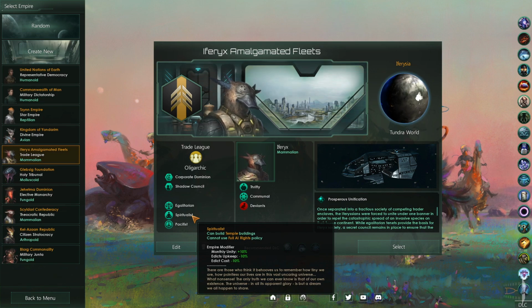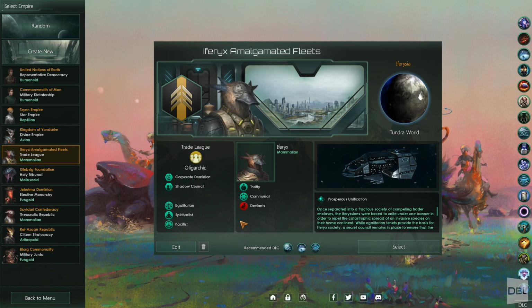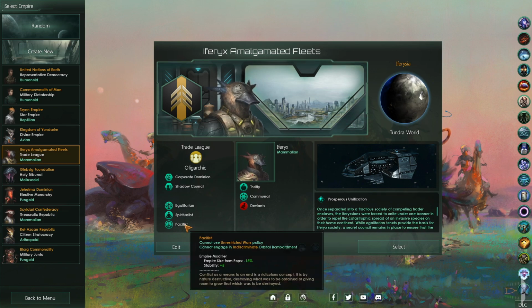The universe, in all of its apparent glory, is but a dream we all happen to share. Pacifist. Really, they're pacifist. Okay. They cannot use unrestricted wars policy. They cannot engage in indiscriminate orbital bombardment. Pop modifier, size from pops negative 15%, stability plus 5.